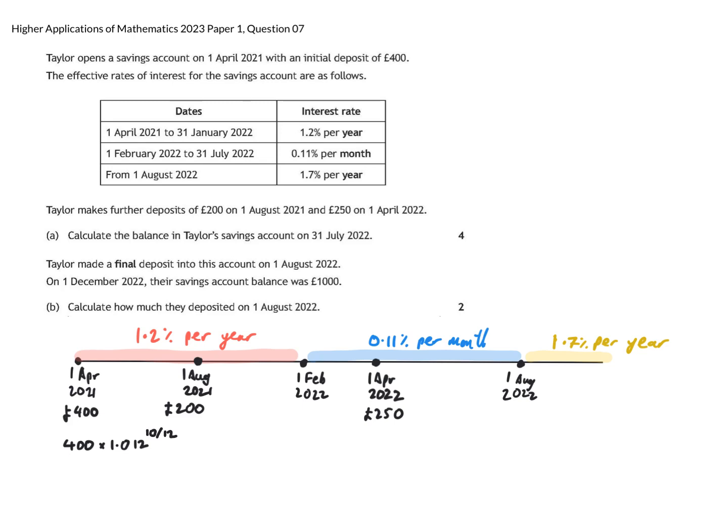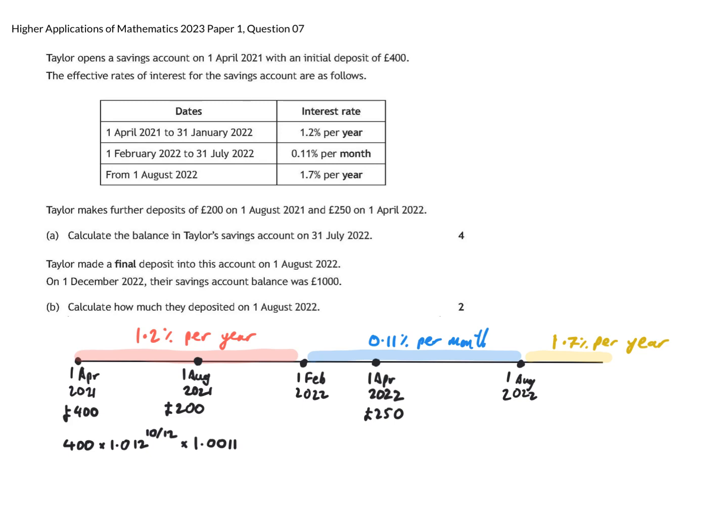It's then going to earn interest at a rate of 0.11%. So that needs a new multiplier. That will be 1.0011.